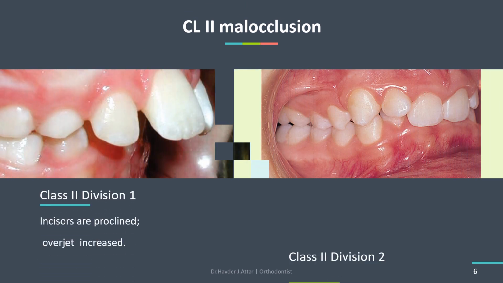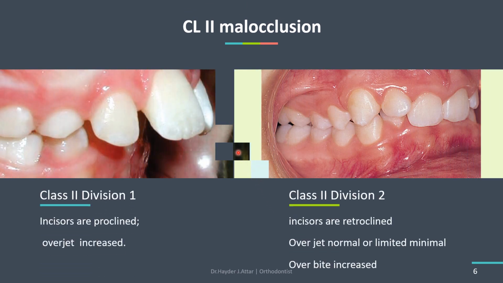Class 2 malocclusion can be divided into Class 2 Division 1 and Class 2 Division 2. In Class 2 Division 1, the incisors are proclined and the overjet, which is the horizontal overlap between the maxillary and mandibular incisors, is increased.